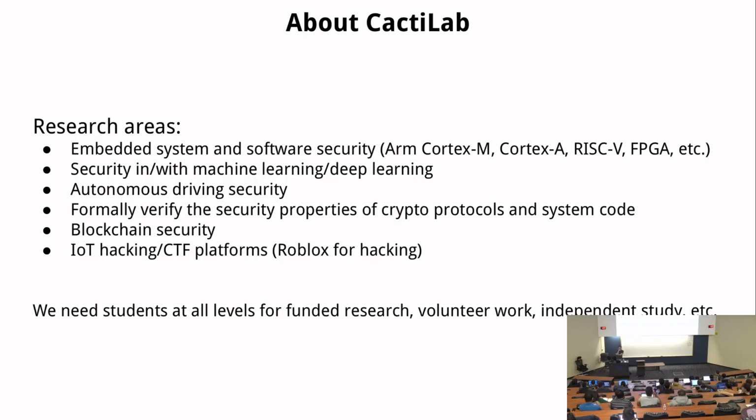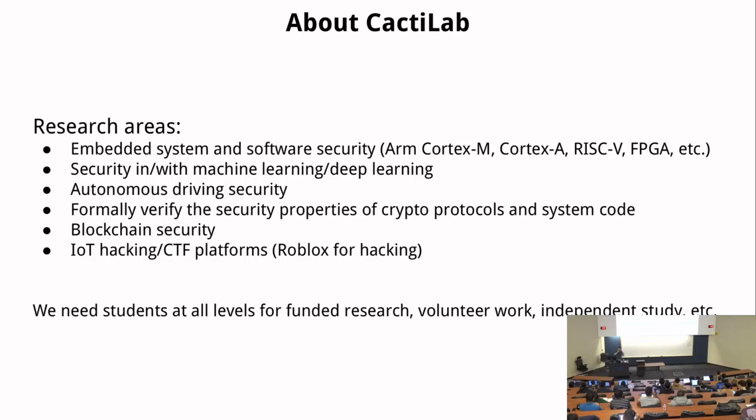Right now in my lab, we are very into the security of those kinds of low-end systems because the hardware layer does not provide a lot of the security features we're already very familiar with, like the memory management unit. So we are thinking about how, without those hardware features, we can provide the same level of security. We do a little bit of machine learning security. We use a lot of machine learning in our research. We do not claim ourselves as machine learning guys. We do not advance machine learning, but we do use machine learning for security.